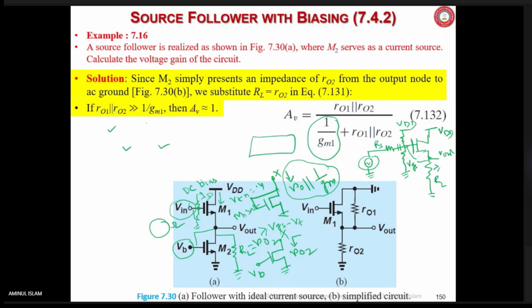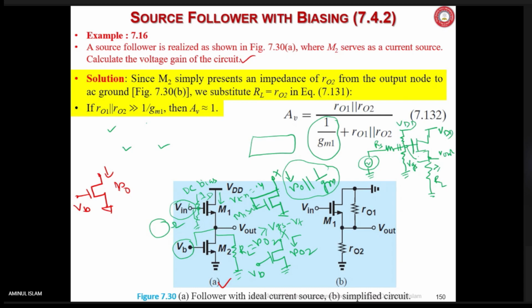Now, a source follower is realized in this diagram A, where M2 serves as a current source. Calculate the voltage gain of the circuit. Here, instead of RL, which was used earlier, we are using a current source, and we have discussed this earlier, a DC bias voltage, and from here if you look, it offers a resistance of rO.